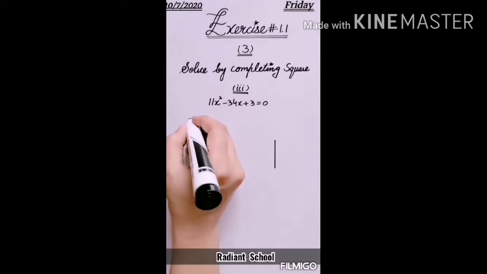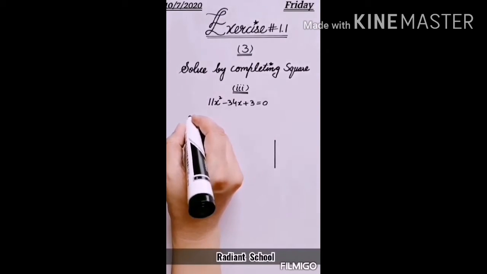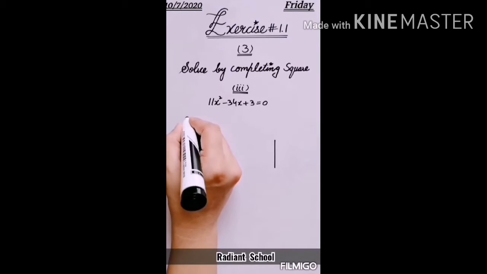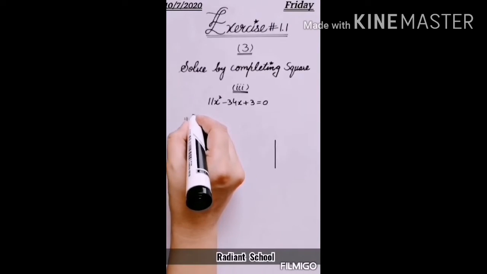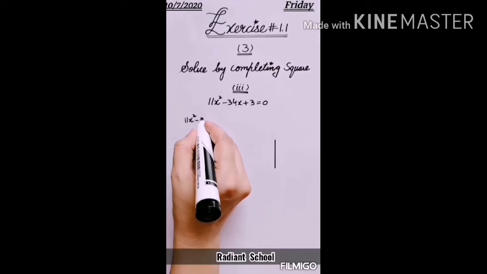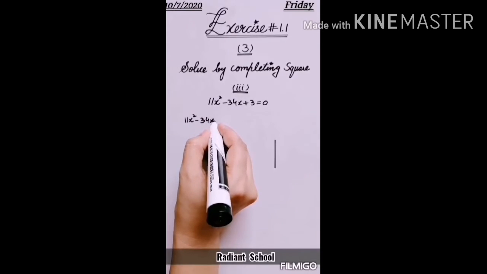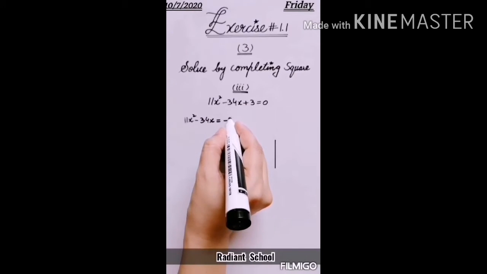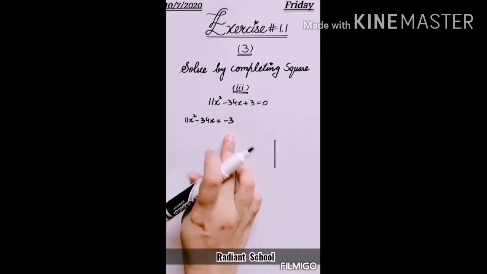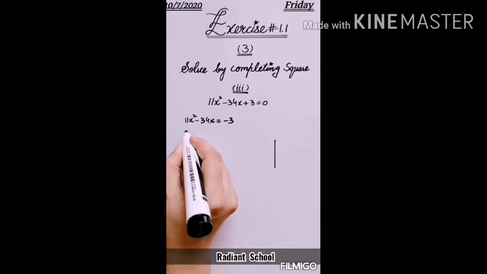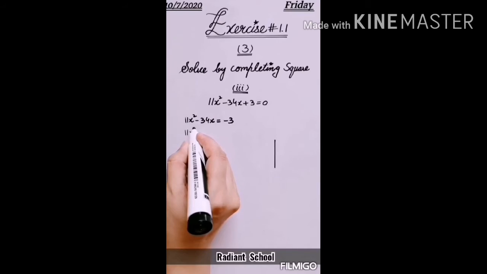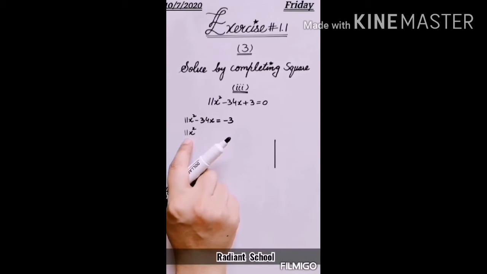So students, what is the first step to solve the equation by the completing square method? You have to shift the constant to the right hand side. The second step is to make the coefficient of x square 1.